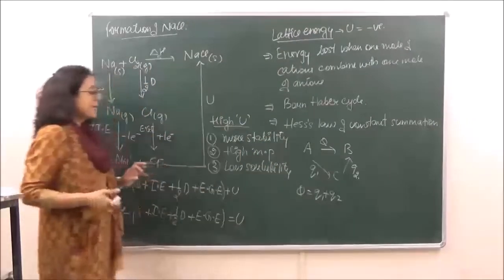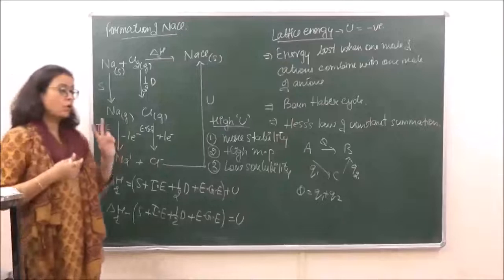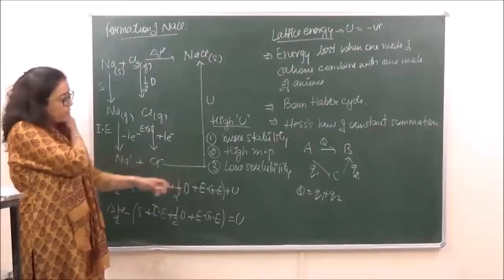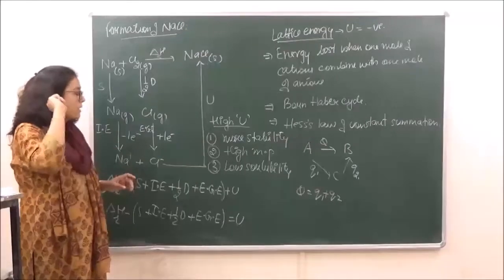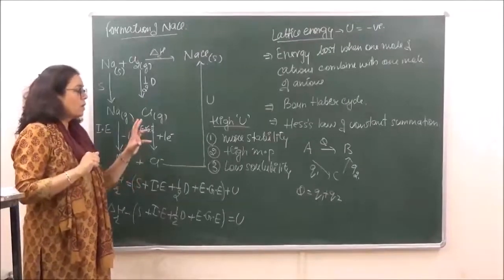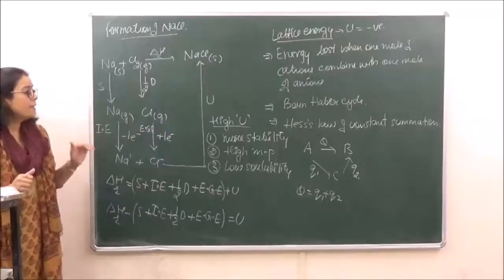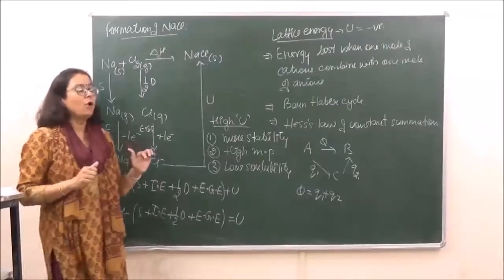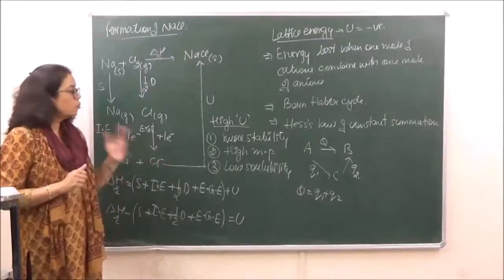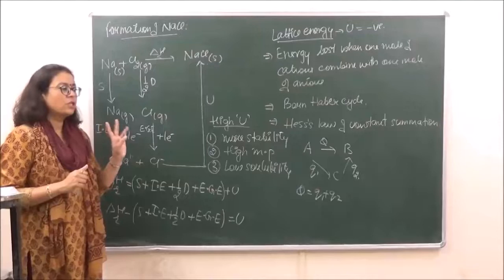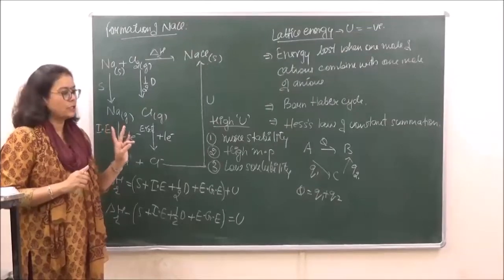We say that the solubility depends upon two energies. This factor is very important because you generally get a conceptual question from this: any compound is soluble in water if it has a higher value of hydration energy. There are two energies which make any compound soluble. One is hydration energy and the other one is lattice energy, right?